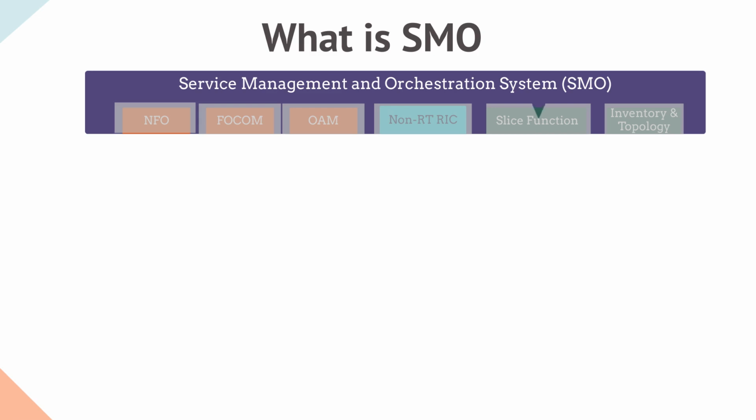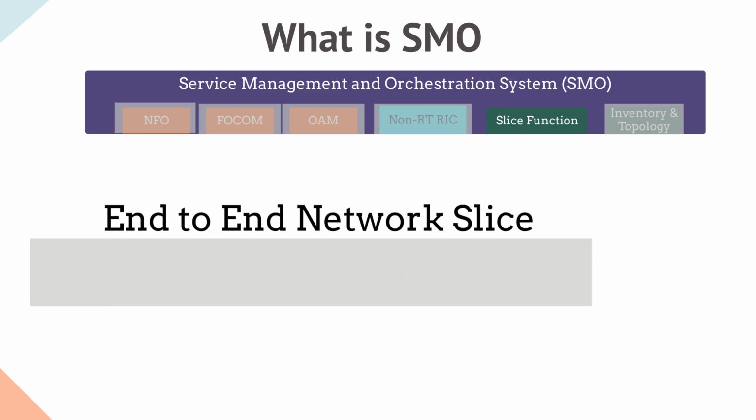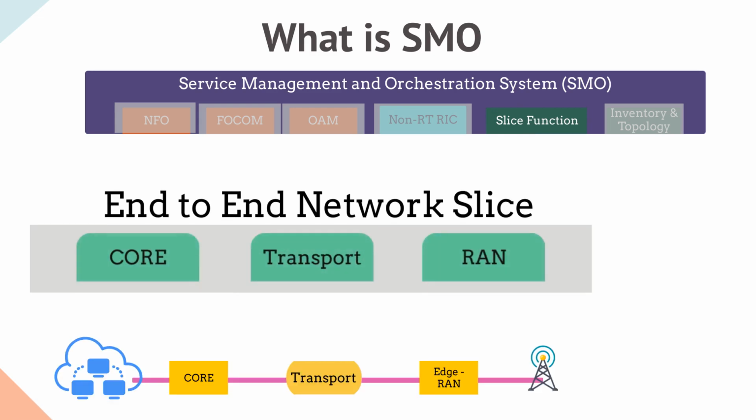Now, let's look at network slice function in the SMO. Network slicing is conceived to be an end-to-end feature that includes the core network, the transport network, and the RAN. Although 3GPP has started defining network slicing support with Release 15, in order to be compliant to the 3GPP, O-RAN has captured network slicing function in the SMO for RAN domain as slice subnet management function.